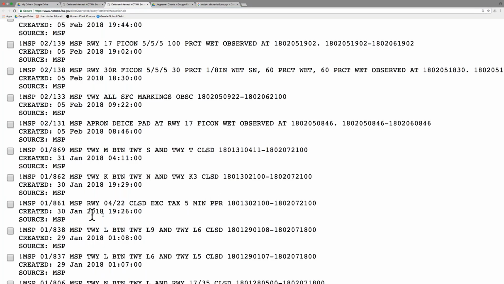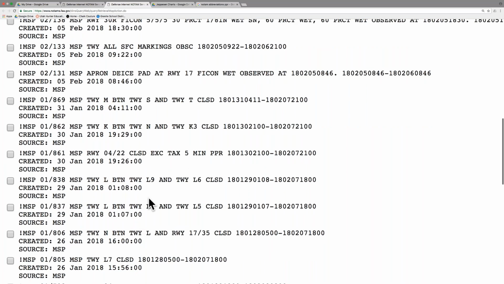Like I said, I don't even know all of the little intricate details of these definitions or acronyms, so sometimes I look them up. So what this is saying is that runway 4 and 22 is closed except for taxi with 5-minute prior authorization, basically. Prior permission. So you have to ask 5 minutes before you get there if you can use that runway for taxi purposes.